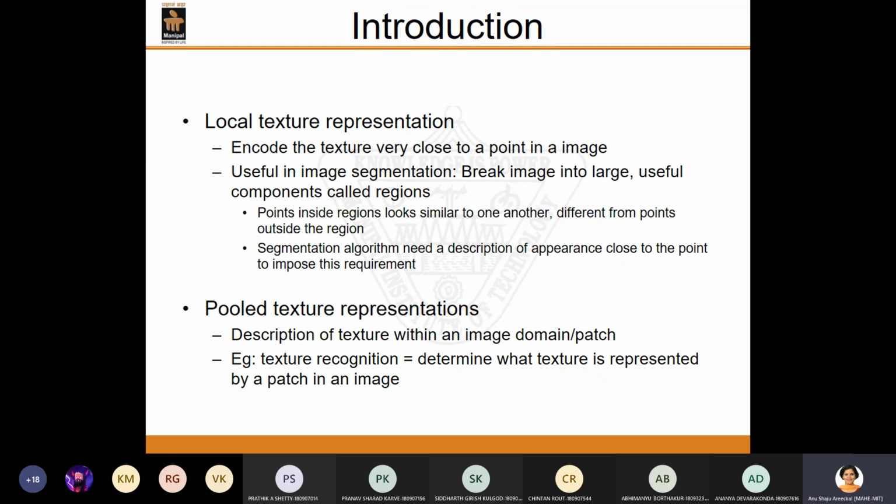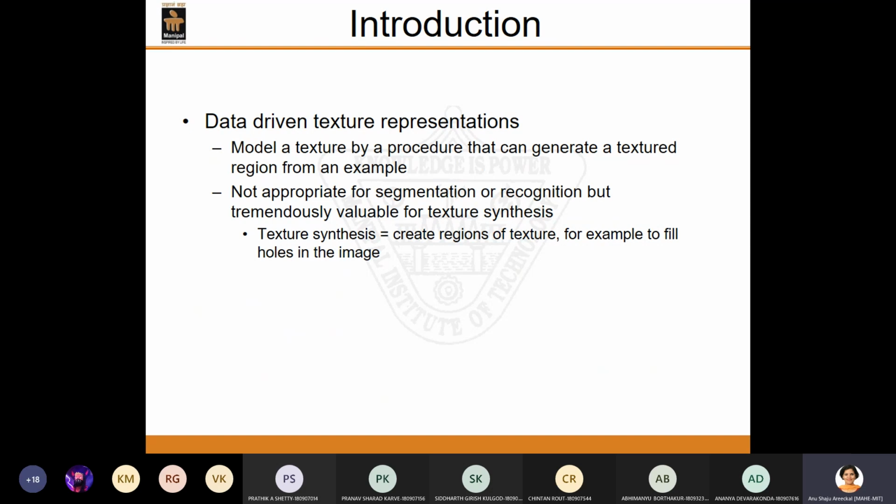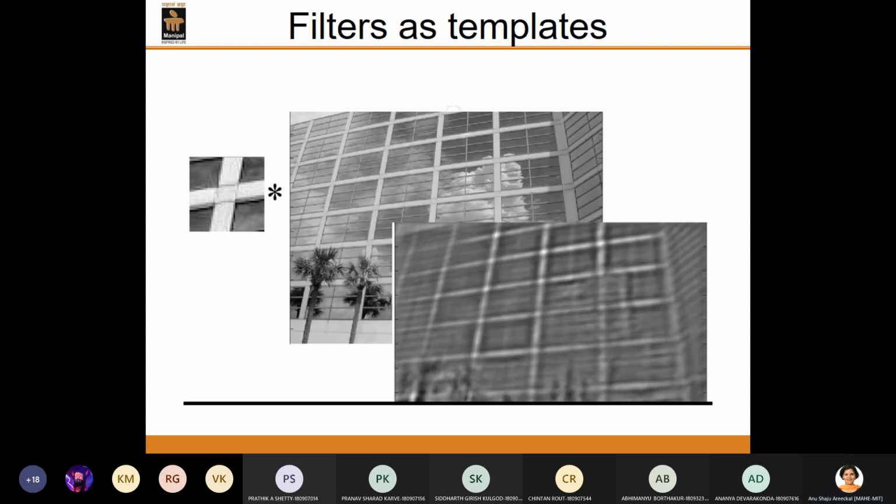If it is pooled texture, you look at different image patches and then try to describe the texture present in the image. Another type is data driven, mainly for texture synthesis, that is, given an input image with a particular texture, synthesizing another image having a similar texture. So it's not the same image, but it has a similar underlying pattern.